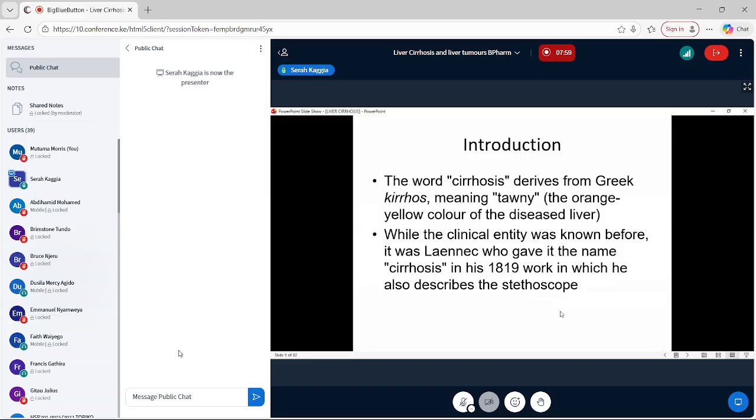So we go now into our pathology, the abnormal. So, what is cirrhosis? Cirrhosis is derived from the Greek kirrhos, which means tawny, that orange or orange-yellow color that you see when you have a cirrhotic liver.